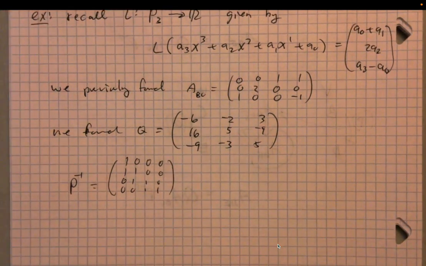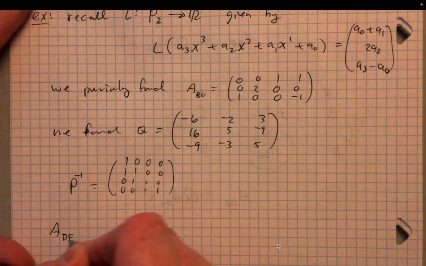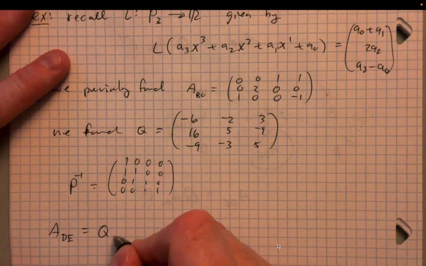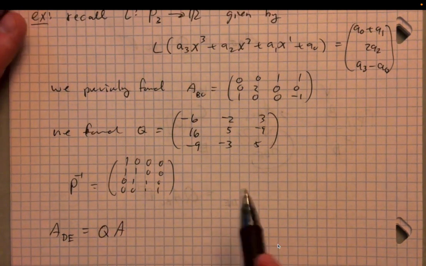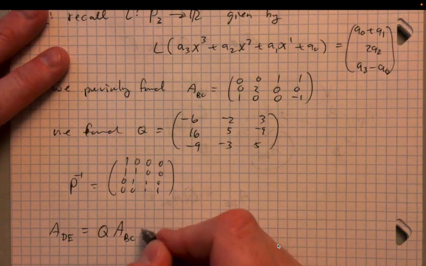That's a nice looking matrix. Please verify for yourself. Okay, and so what this previous theorem says is that I can find A sub D, E as Q times the linear transformation matrix I know, which is A sub B, C, times P inverse.